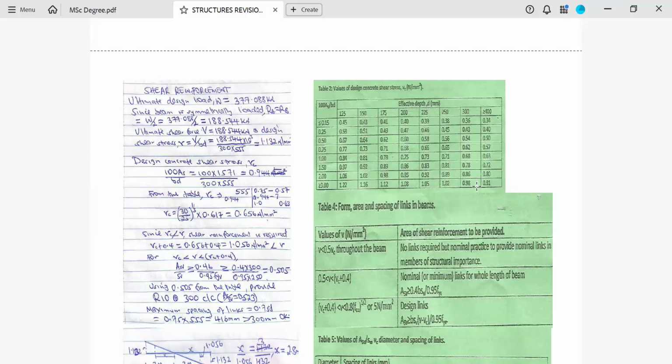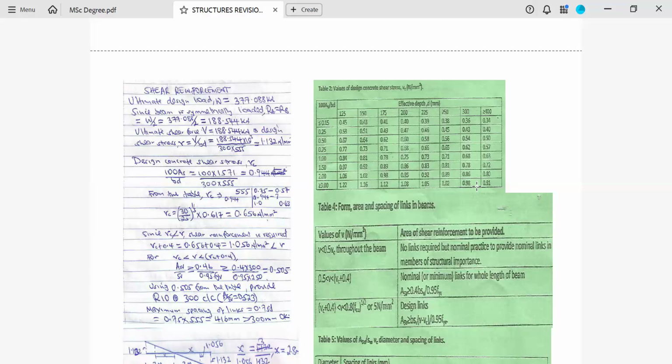Then if we have a case where the design shear stress is greater than VC plus 0.4, but less than the lesser of 0.8 square root of FCU or 5 Newton per millimeter square, you will design links according to ASV greater than or equal to BSV multiplied by V minus VC over 0.95 FYV.